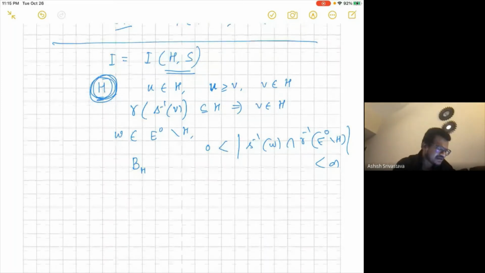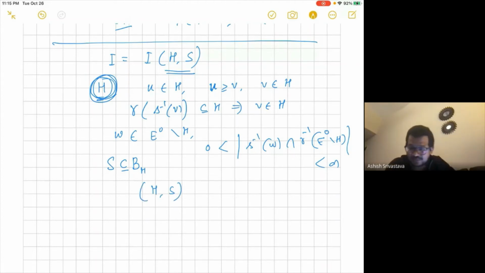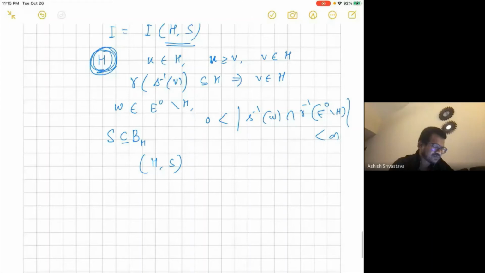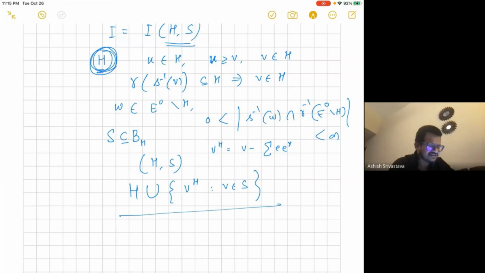You take any subset S of these breaking vertices, then this pair (H, S) is called an admissible pair. Then the ideal generated by the vertices in H, and again a lot of symbols, v^H, which I'm writing as v minus the sum of e e star, is what I denote as I_(H,S).